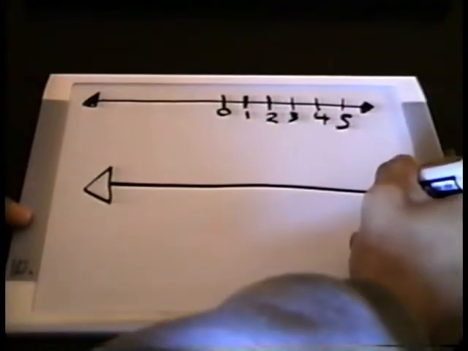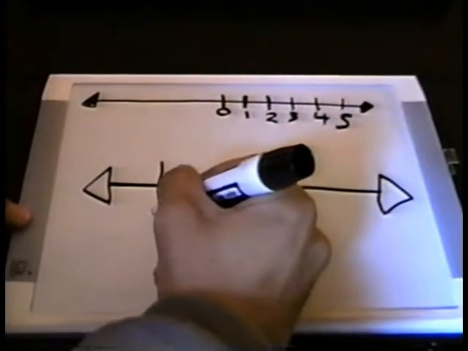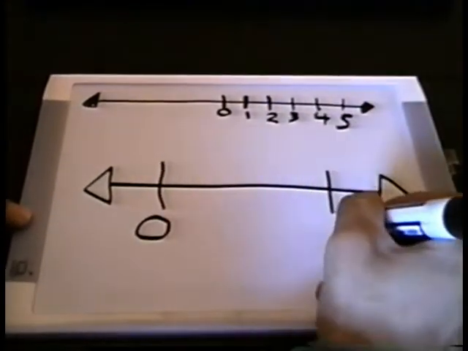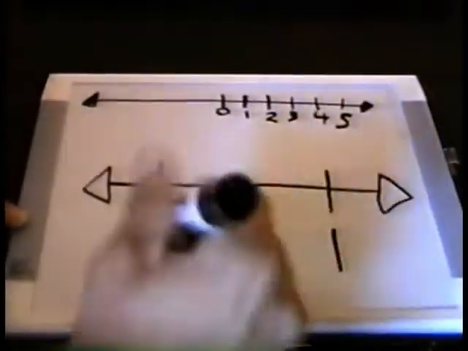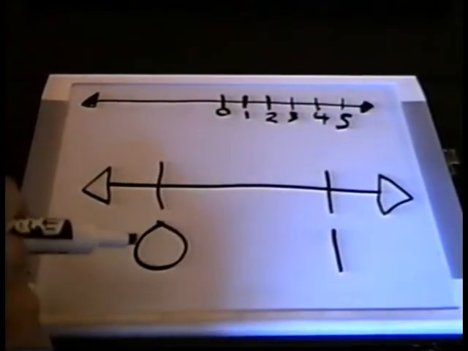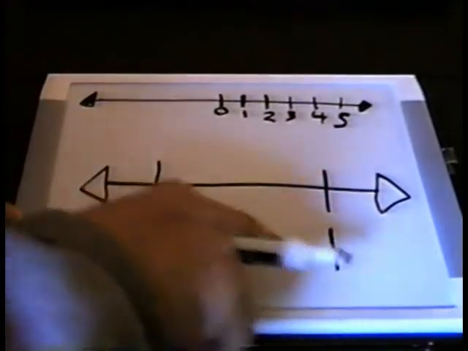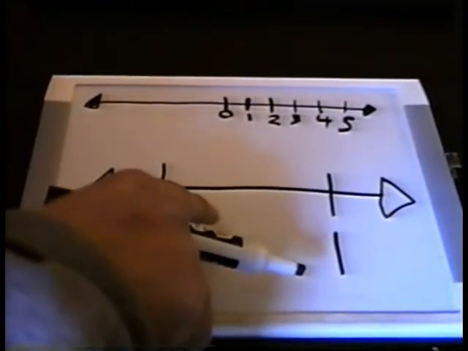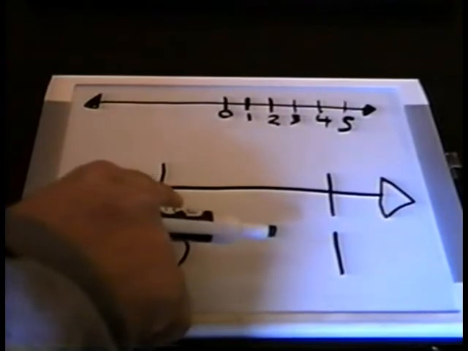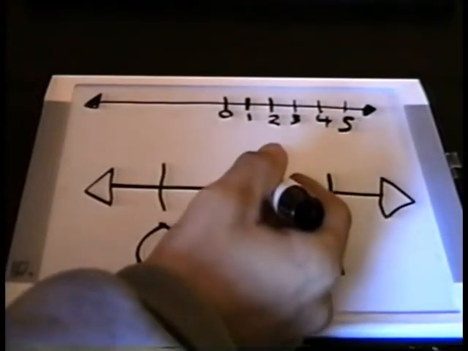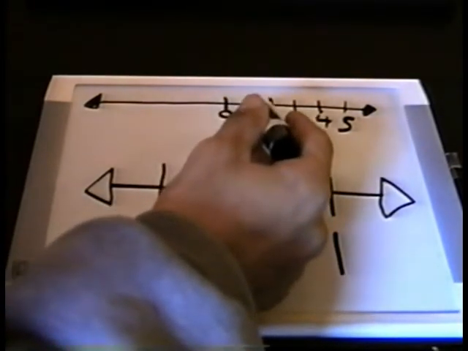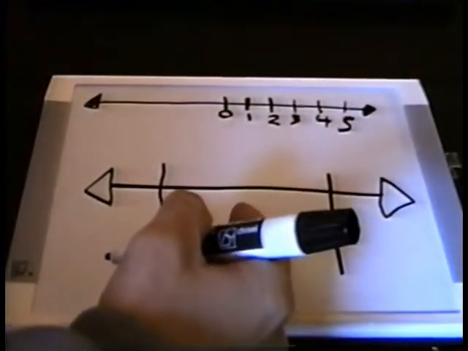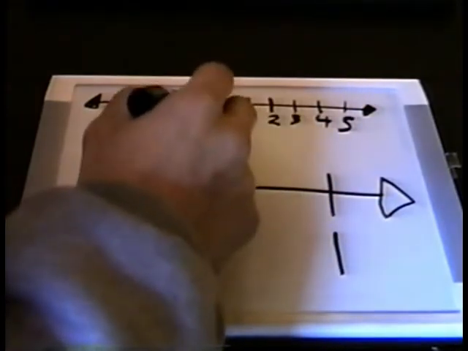If we take, for example, the region between 0 and 1, if we take any distance between 0 and 1, what we want to find out now is, what do we call a number that's in between one of the natural numbers, also called the whole numbers?